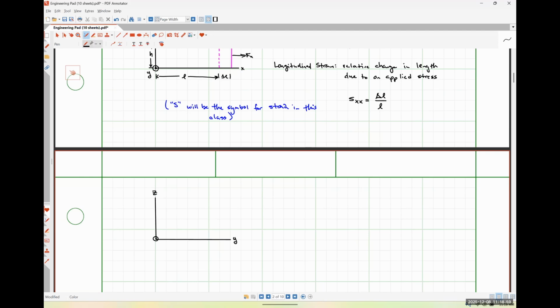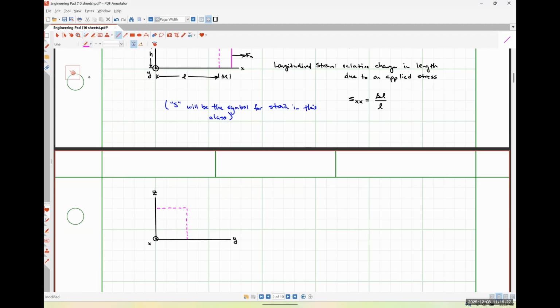So prior to deformation, we have something like this. And as we pull it out of the plane of the page, we're going to see that it'll shrink in both the Y and Z directions.